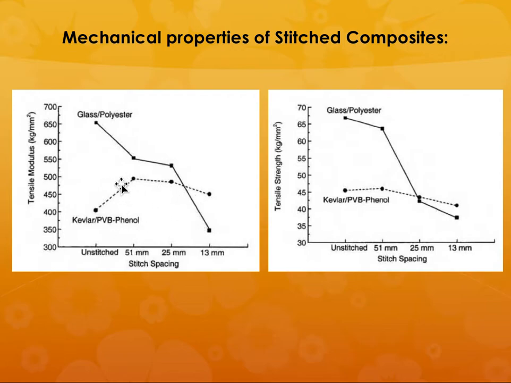If you take glass polyester type of composites and you stitch the composite material between two layers, you can see that the strength of the joint goes down drastically. So you don't want that to be the case. You would like the composite material to be as good as possible.